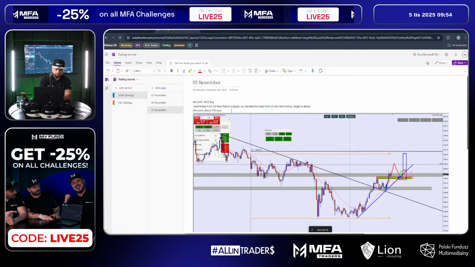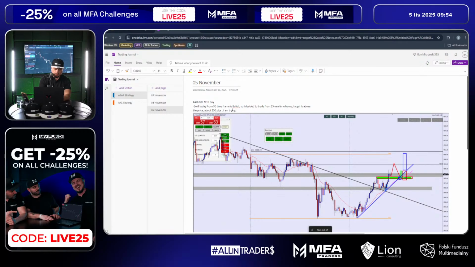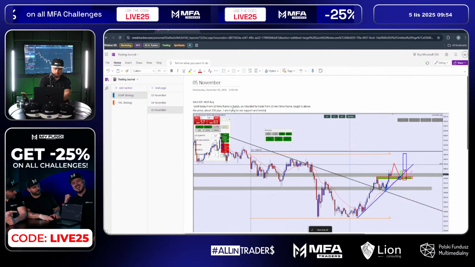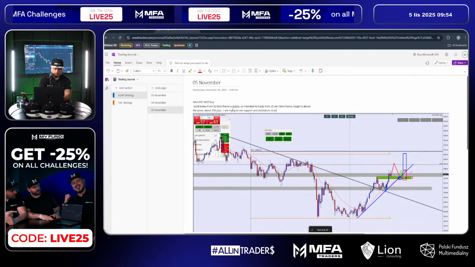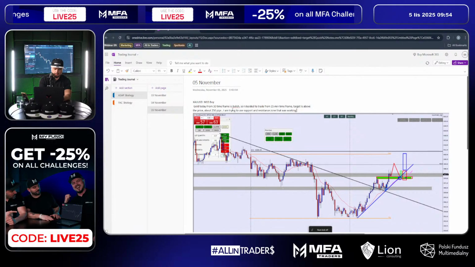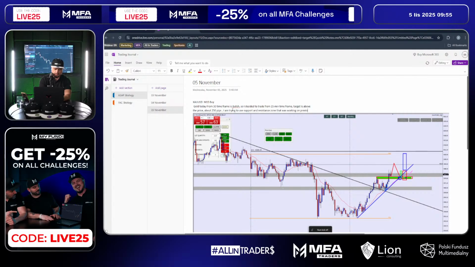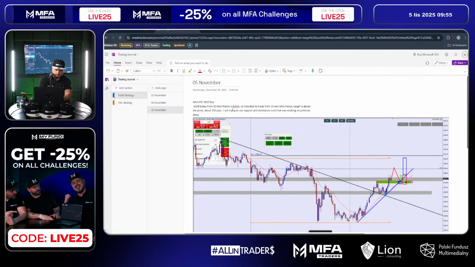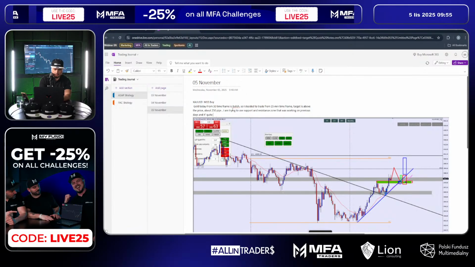I am trying to use a support and resistance zone. That was working on previous days, and it's quite strong.